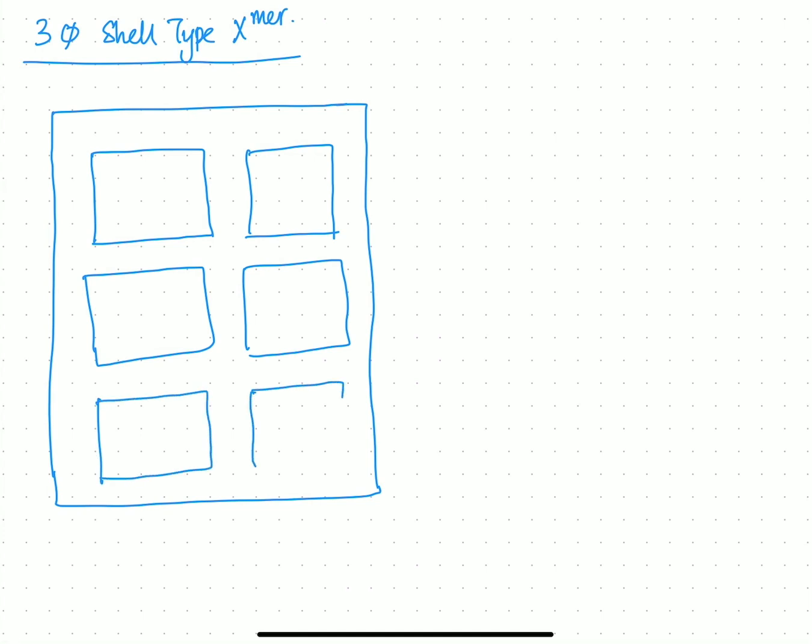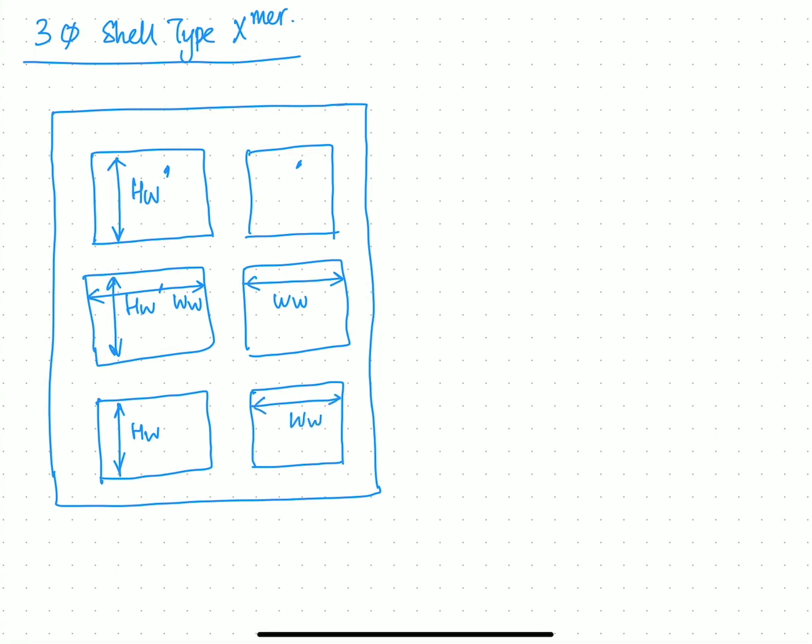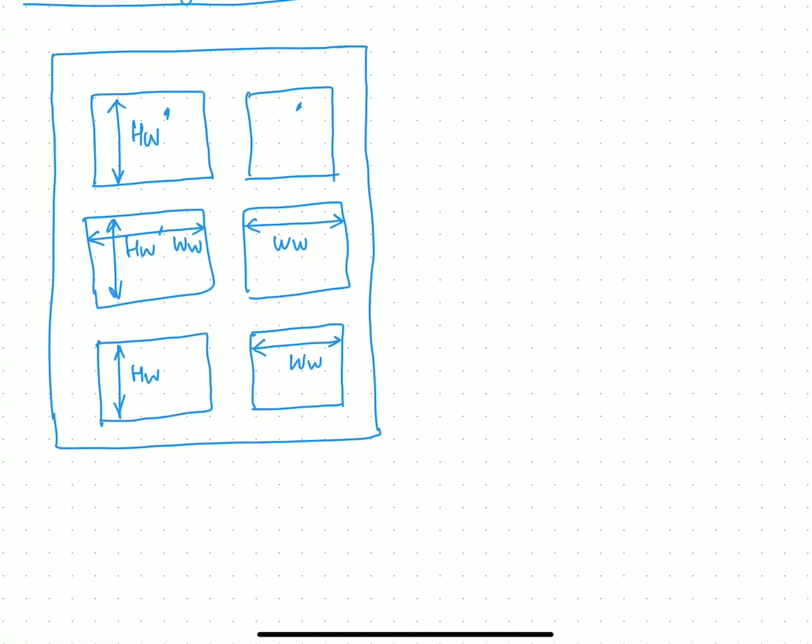My drawing is not very good, but when you draw it, you have to understand these are all symmetric. So this window is equal to this window, and all of the windows are of the same dimensions. This is HW, this is WW, this is HW again, this is WW, HW, this is WW. So all of the windows are of the same size and have the area AW.